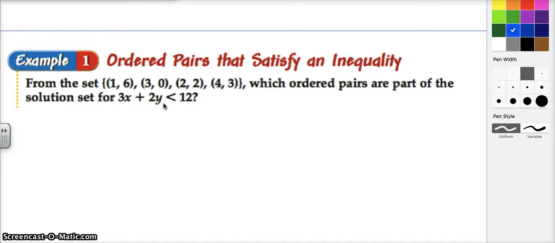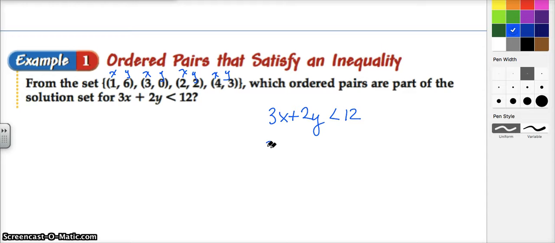Here in example 1, we're going to be checking whether ordered pairs satisfy an inequality. We're given the inequality 3x plus 2y is less than 12, and we want to figure out which ones satisfy it. So literally we're going to plug in for x and y and see if these different xy pairs make this inequality happy.